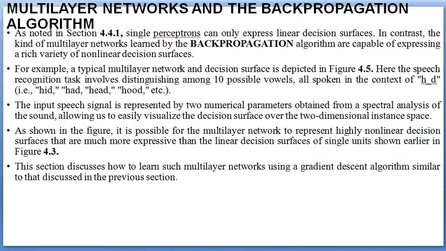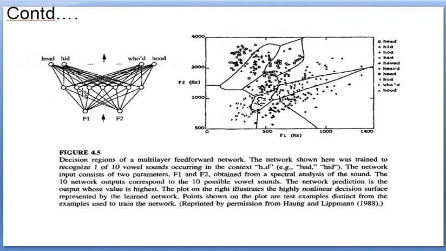So as you can see here, this is the multi-layer perceptron. As I said, here we will take two input parameters. One is F1, another one is F2, and we have multiple hidden layers, and these are the outputs that we get.